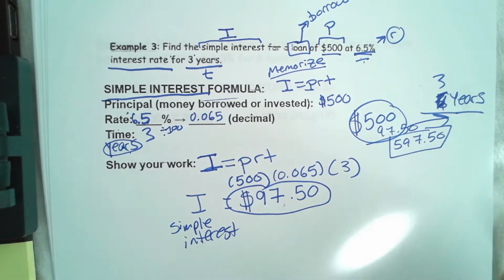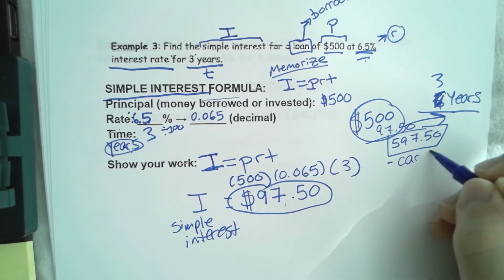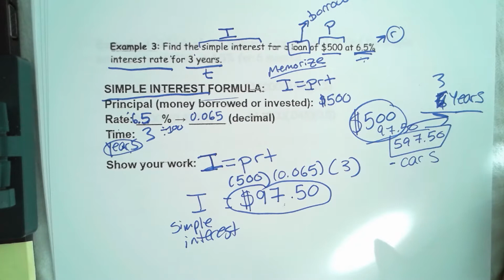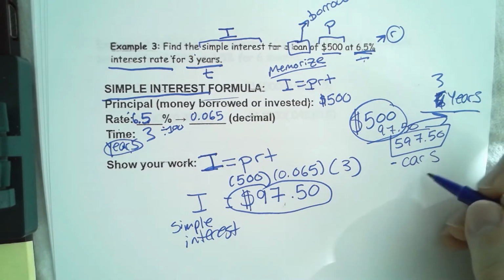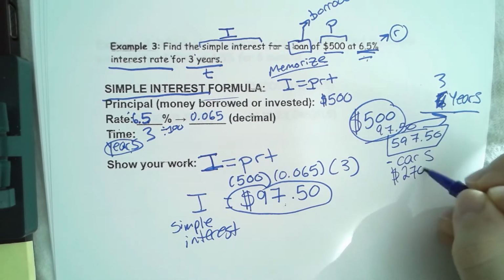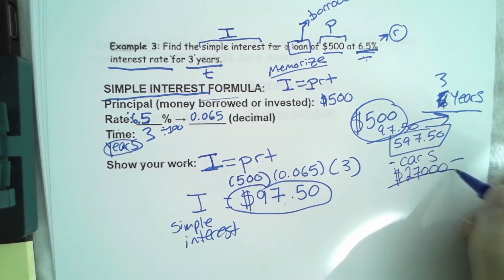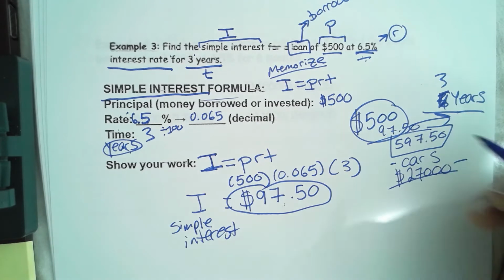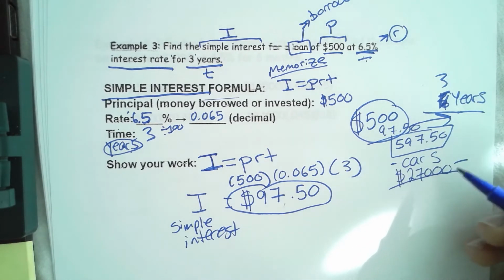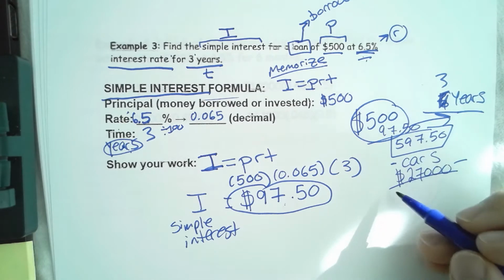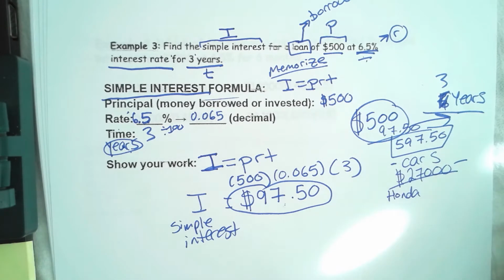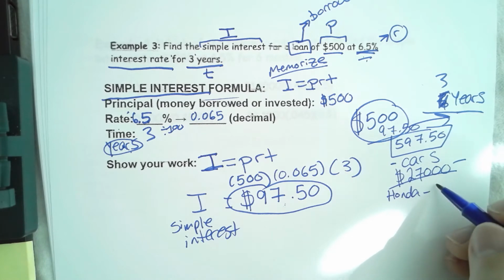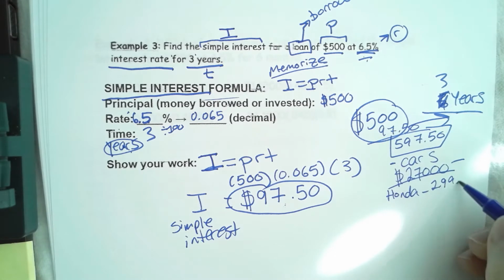Okay, and again, you are going to use this when you buy a car. When you buy a new car, you know, a new car is usually like what? I just bought a new car. My new car is $27,000. Do you think I have $27,000 right now? No. So my dealership, Honda, told me I can pay them back with 2.99% interest in 6 years.